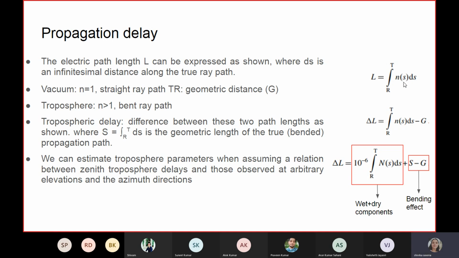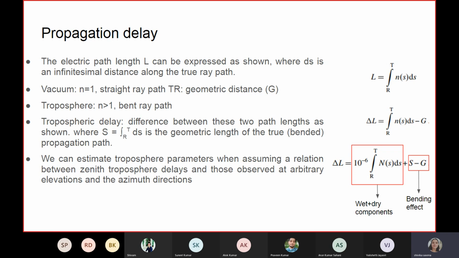Okay, so what is the delay? It is the difference between the optical path length as well as the true geometric distance. Okay, so there is a geometric distance capital G, which assumes that there is no medium of propagation, no refraction happening, and there is vacuum between the receiver and the satellite.